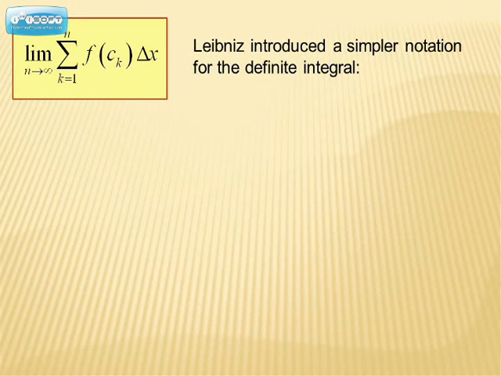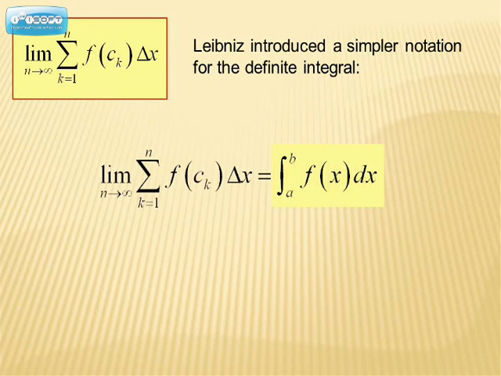Leibniz introduced a simpler notation for the definite integral because this looks pretty nasty. So let's just go into what the actual notation is that we talk about. What he did was he took all of this stuff here and he said, well, let's just notate it differently. This Roman S is the symbol for the integral.